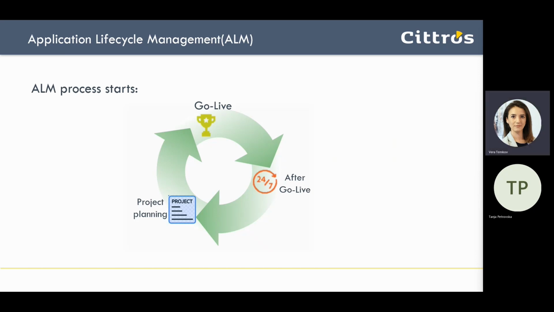The application management is a process that starts from the very beginning of your project. You will need an environment for your fit gap analysis where you plan your business processes.